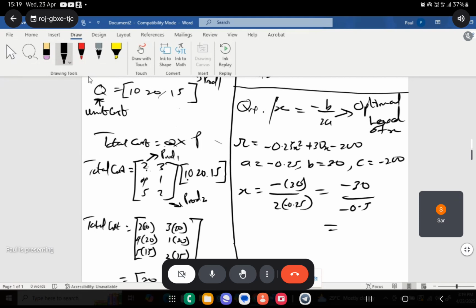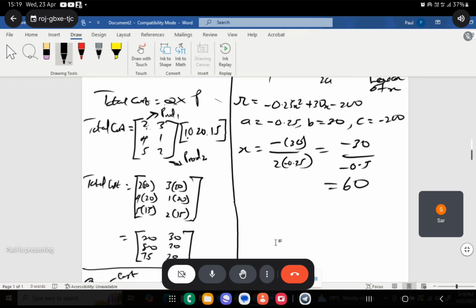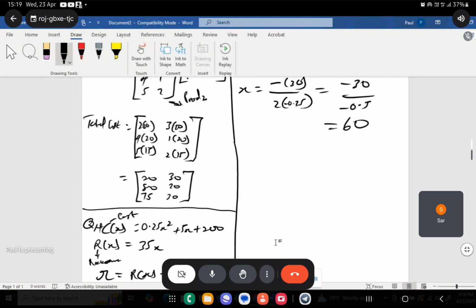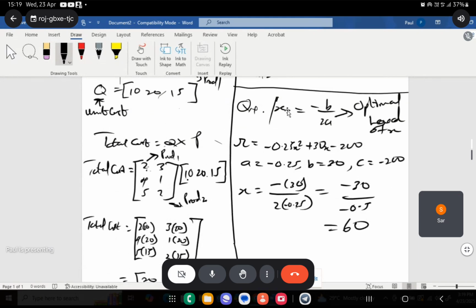So I think the answer is 60. Yes. So this is the quantity that will optimize our profits. So if our quantity is 60, we'll get the optimal profit.